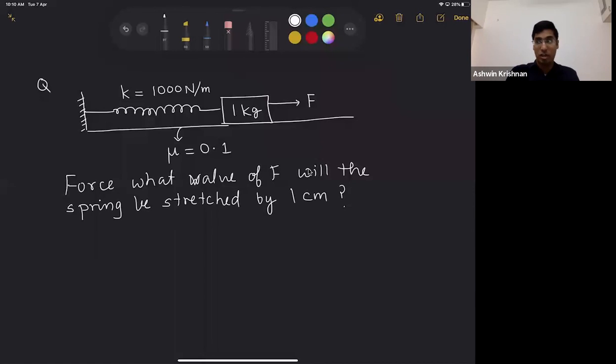Now this involves friction, spring force, both. So in dynamics of motion, once you have studied every force, you will have everything common. So this is the question: for what value of F will the spring be stretched by 1 centimeter?